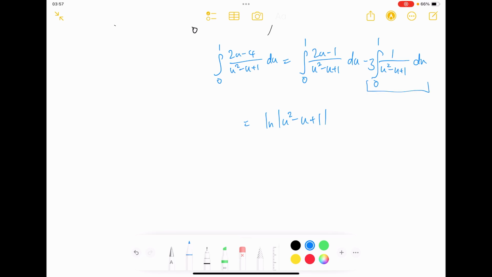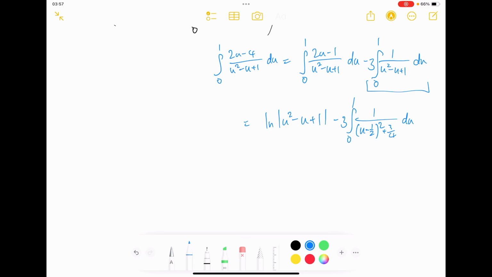How are we going to deal with this? We are going to complete the square. So if I were to complete the square, I will divide the middle coefficient by 2. So that will be u minus a half squared. And what am I missing to get to 1? So a half squared is a quarter. So I need to add 3 quarters to get to 1.